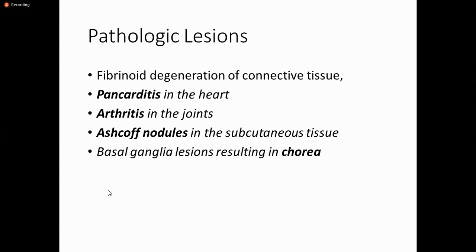So in the cardiac muscle, this delayed type of hypersensitivity appears as pancarditis, in the joint it appears as arthritis, and Aschoff nodules are in subcutaneous tissue, which are the pathologically diagnostic point, and sometimes the patient may have the complaint of chorea.